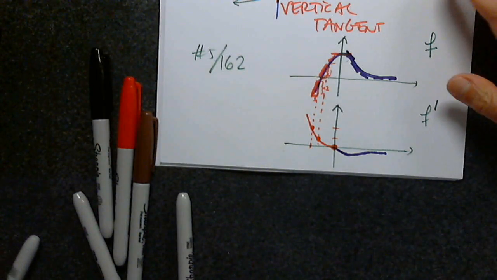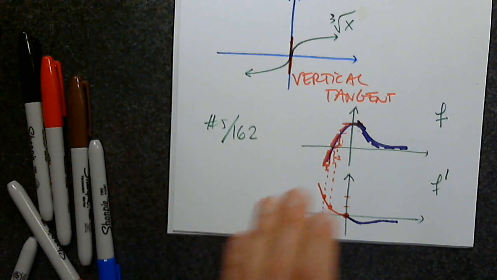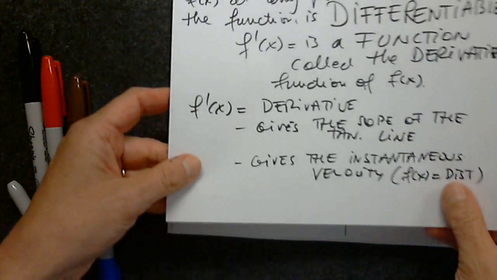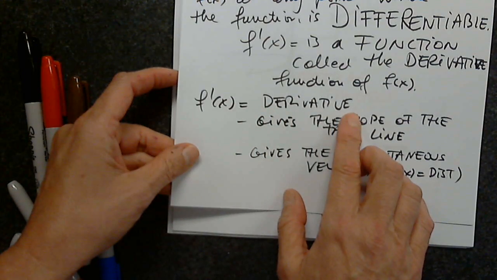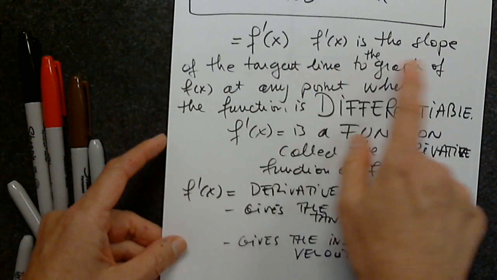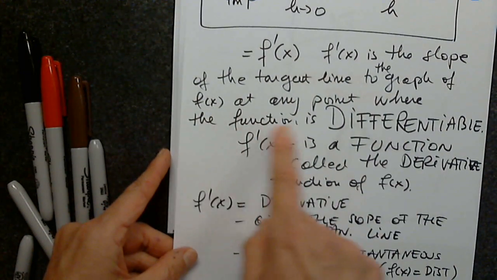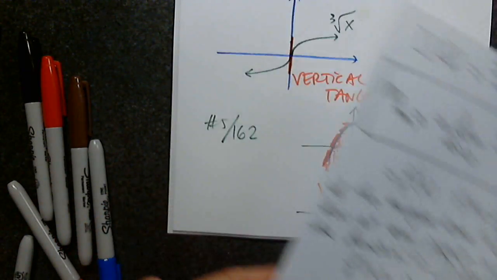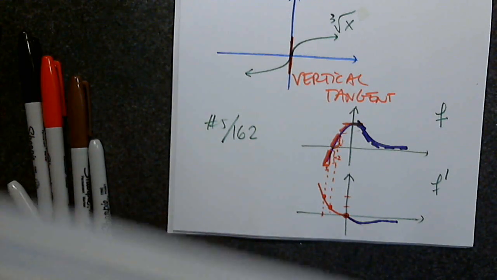So coming back to what f prime is, again, it is the derivative of the function f of x, which gives the slope of the tangent line to the graph of f of x at any point where the function is differentiable. Now I'm going to ask you to look at these graphs one more time.